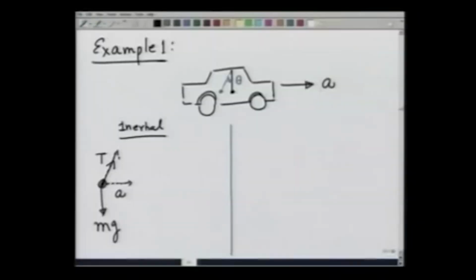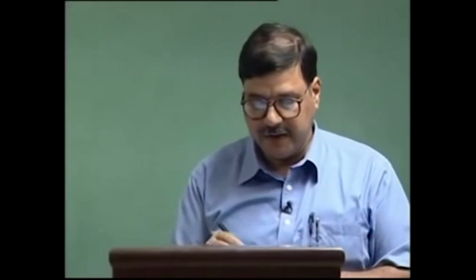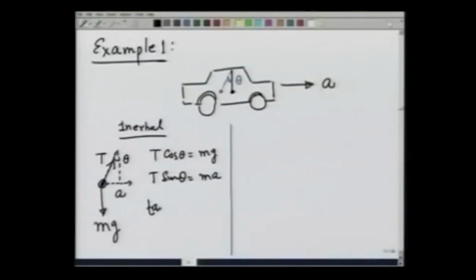If this angle is theta, then you can see that T cosine of theta is equal to mg, because the ball is not moving up and down, and T sine of theta is equal to ma, because the bob is accelerating towards the right with an acceleration a, and that gives you tangent of theta equals a over g.